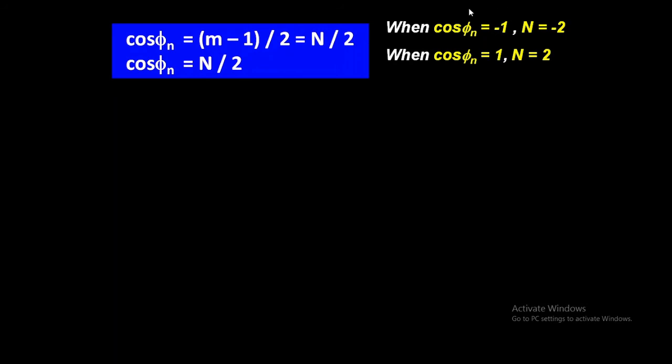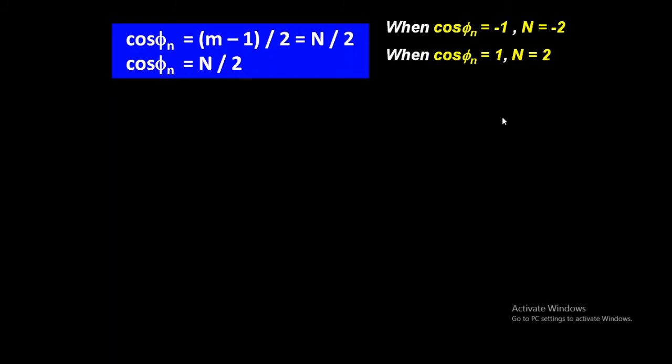If I put 1 in place of cos phi n, then N will be 2. So the corresponding minimum value of N is minus 2 and the maximum value is 2, and the minimum value of cos phi n is minus 1 and the maximum value is 1.